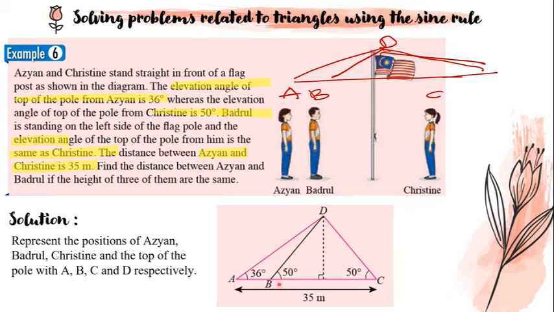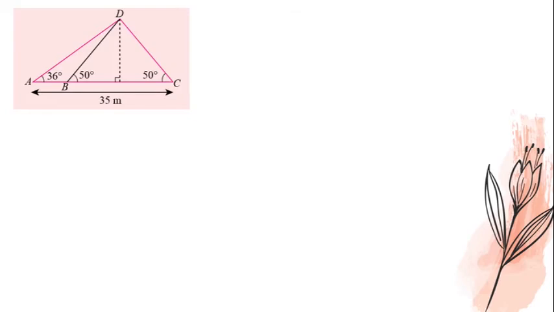So this is how we label the question into a diagram. We want to find the length of AB. Given 35 meters is the length of AC.